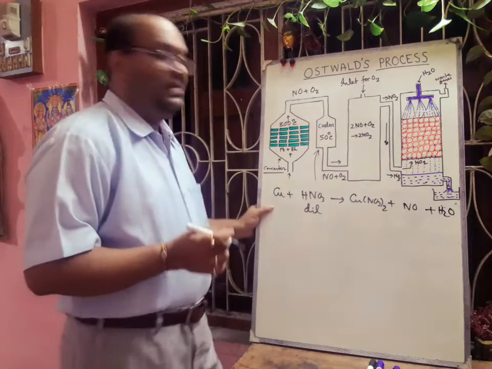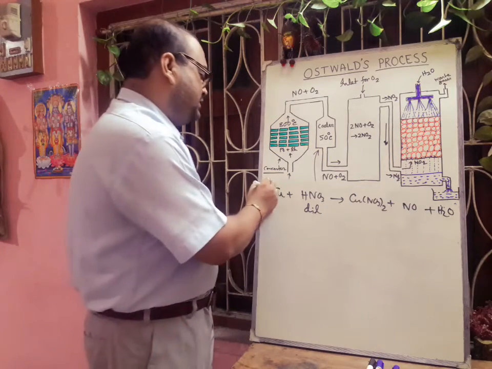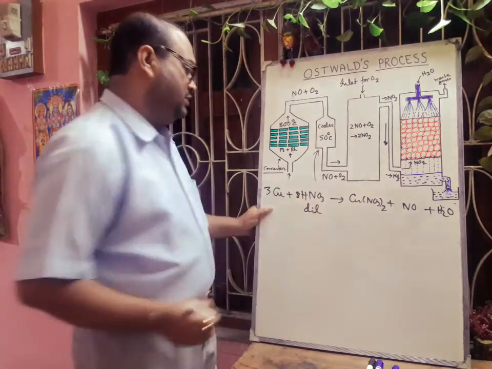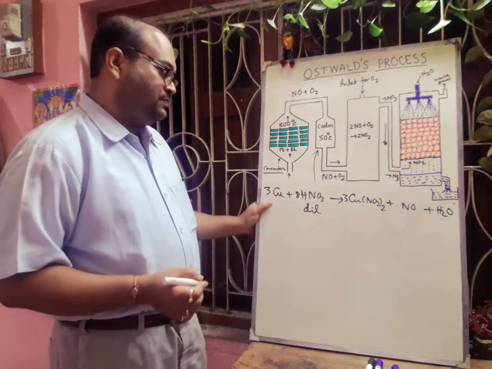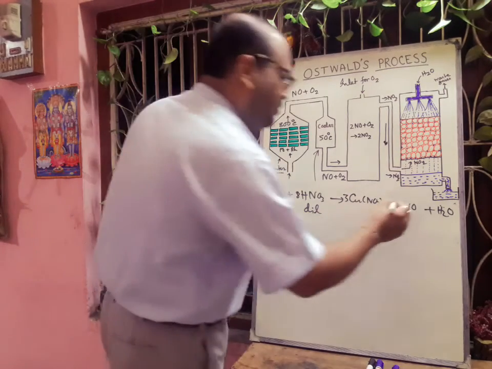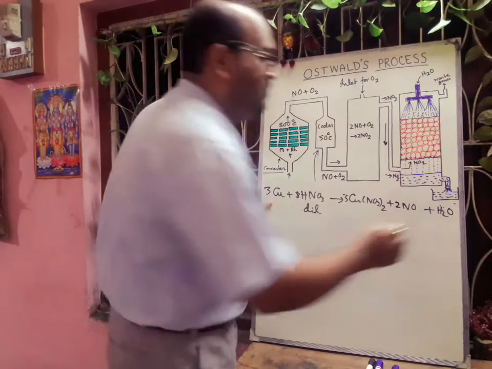Now we have to balance this equation. Okay, so here thrice Cu will react with 8HNO3 forming thrice Cu(NO3) whole twice, and there will be formation of twice NO and the amount of water formed here 4H2O.